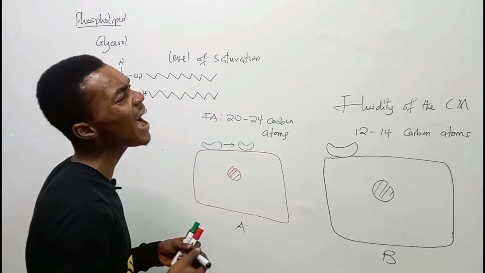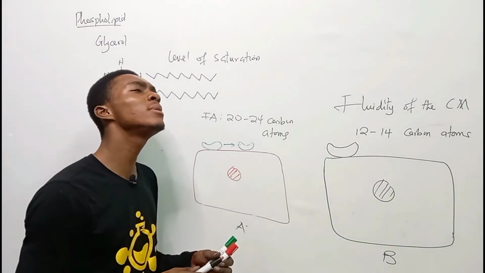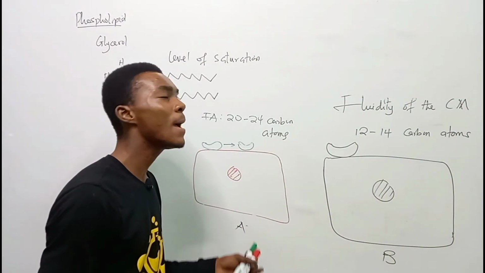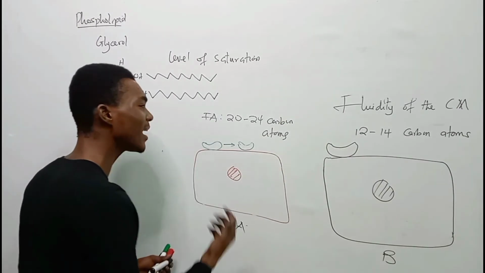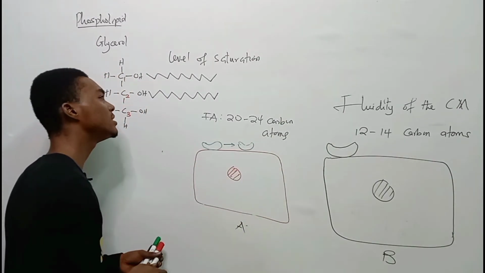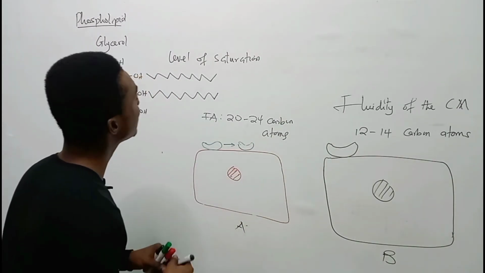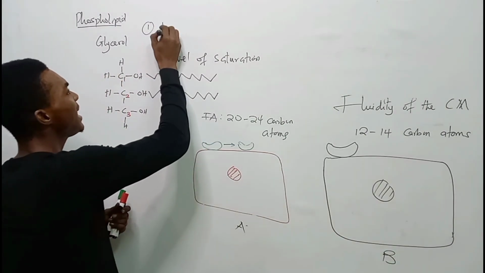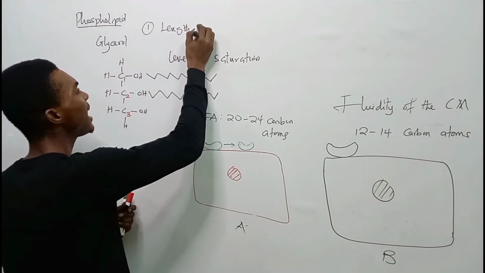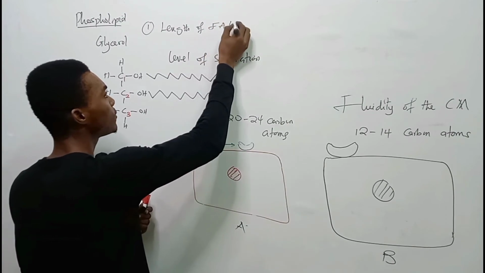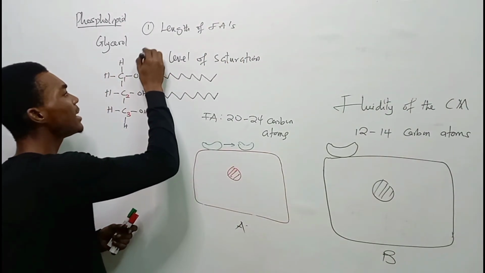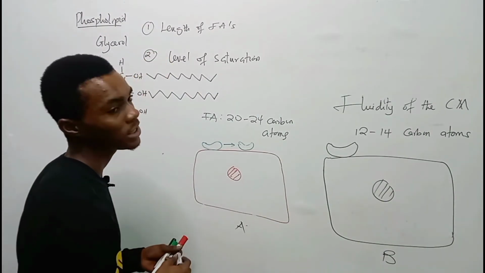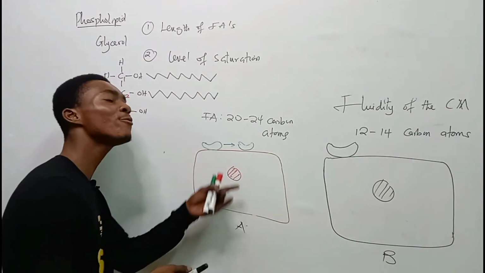Very soon you realize how the fluidity of cell membrane is so important to its function. But for now, in our typical phospholipid structures, we're getting to know certain factors that affect this fluidity. We've already established that 1, the length of the fatty acids affects the fluidity, and we've already explained that. Now 2, we are saying that the level of saturation of the fatty acids also affects the fluidity of the cell membrane.